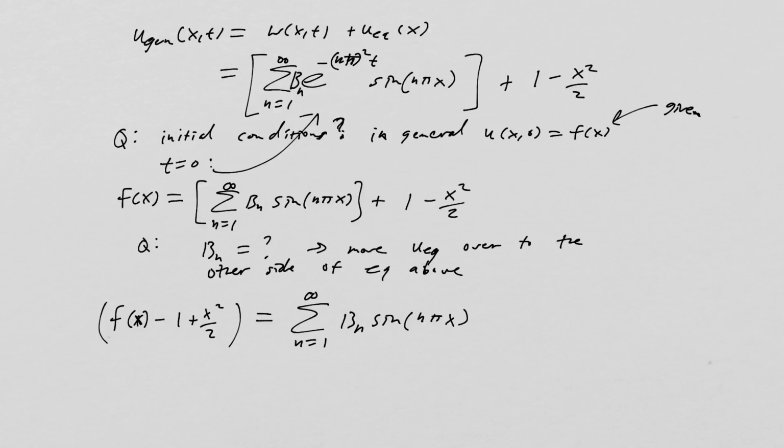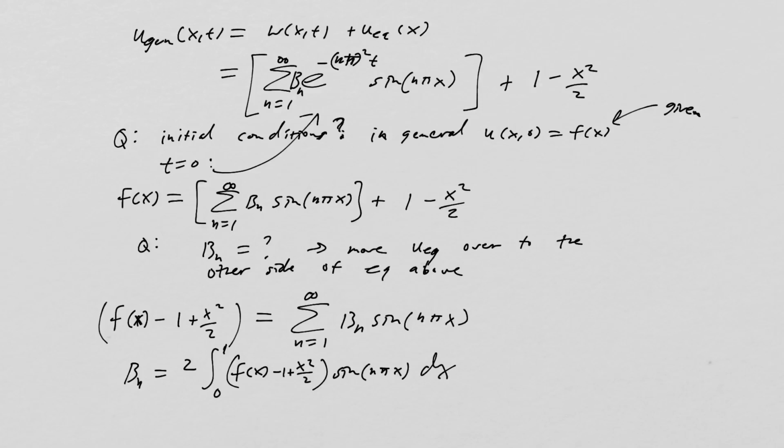All right, so now the bn coefficients are going to be 2 times the integral from 0 to 1 of f of x minus 1 x squared plus x squared over 2 times sine n pi x dx.